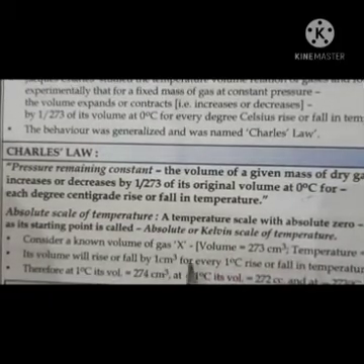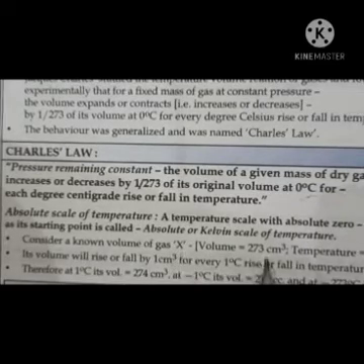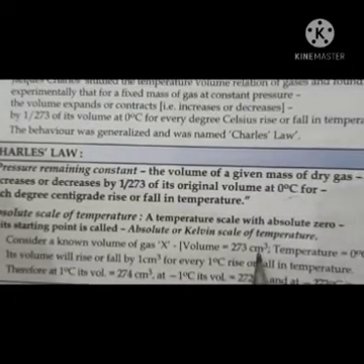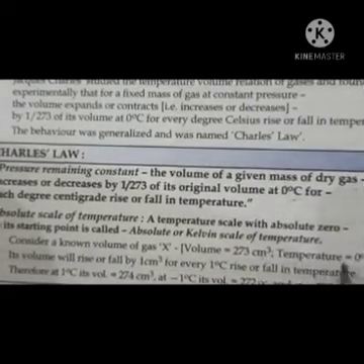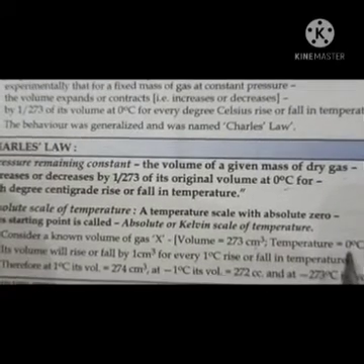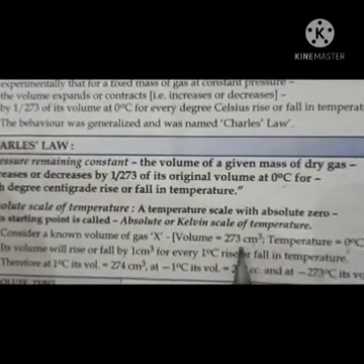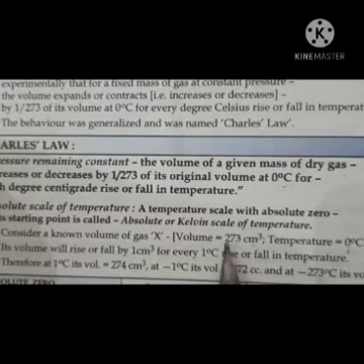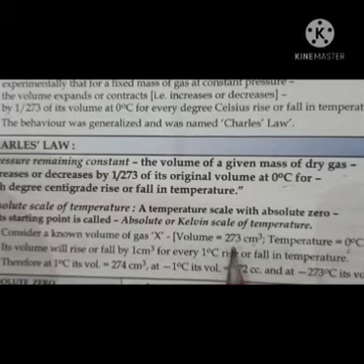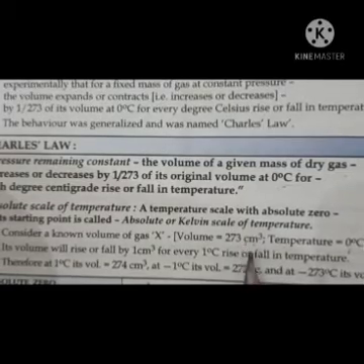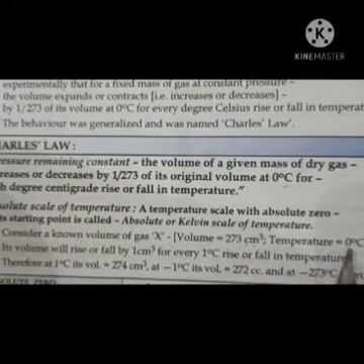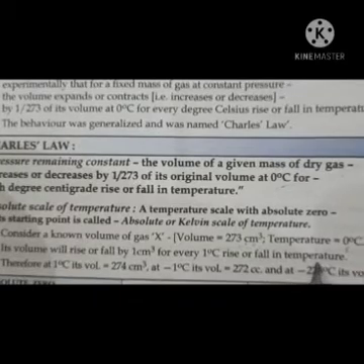For example, X is a gas whose volume is 273 cc at temperature 0 degree Celsius. Its volume will rise or fall by 1 cubic centimeter for every 1 degree Celsius rise or fall in temperature.